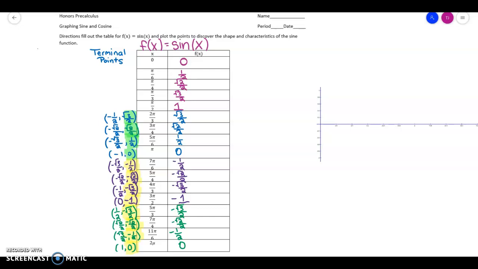All right, 0, well, we don't really have to do anything fancy with that. That's just going to stay 0. 1/2, right, that's going to be 0.5. If we take the square root of 2 and divide it by 2, that gives us 0.707. And if we take the square root of 3 and divide it by 2, we end up with 0.866.